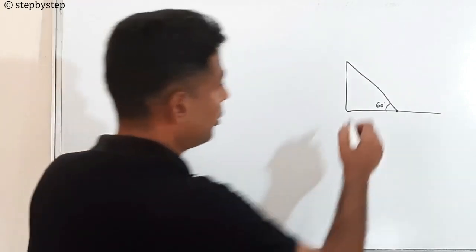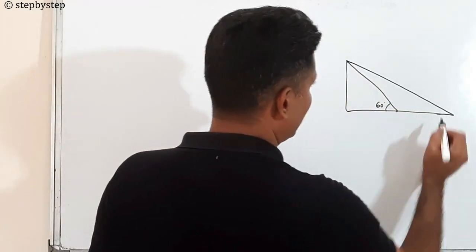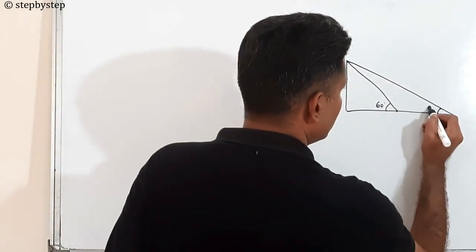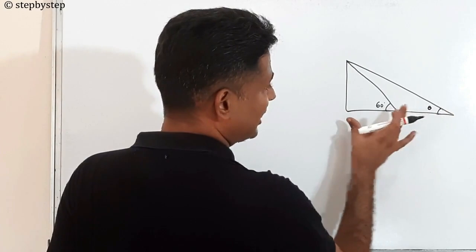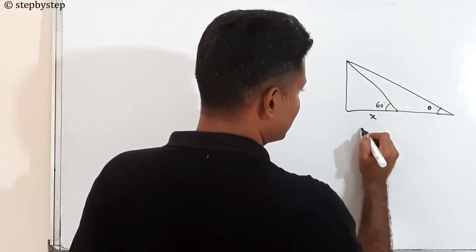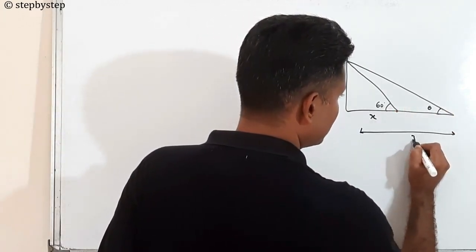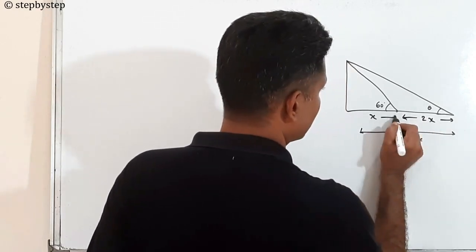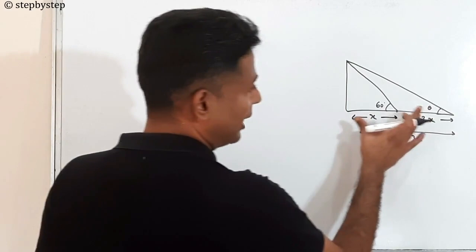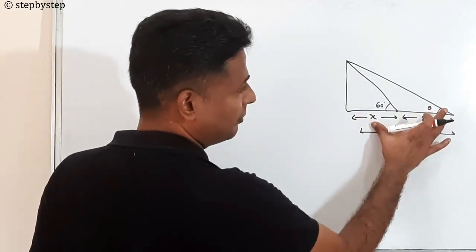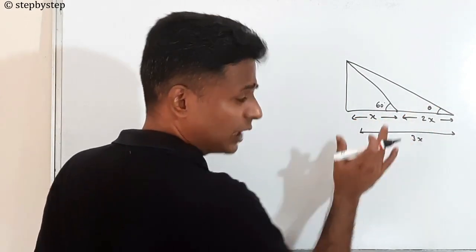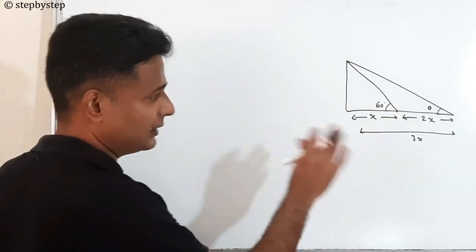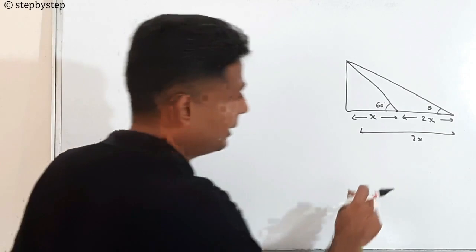Okay, so at some other angle, when the sun is making some other angle, the length of the shadow is 3 times this. So if this is x, the entire thing is 3x, which means this is 2x, right? Sorry guys, I'll explain again.